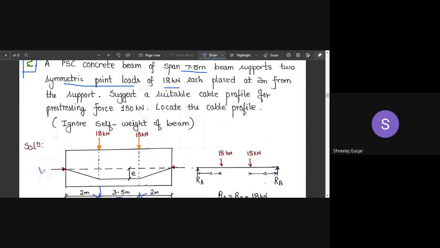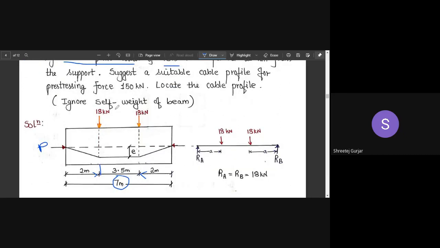So this pre-stressing force P is 150 kilonewton, and we know that for this kind of loading the cable profile will be in this format which we have shown.